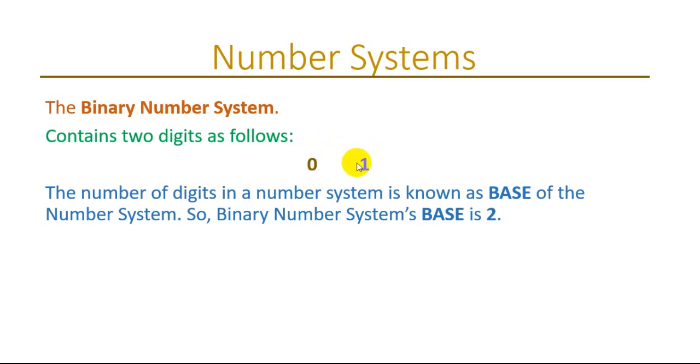There are no other digits available. Therefore, the base of the binary number system is 2. Similar to the decimal number system, you have 10 digits, 0, 1, 2, 3, 4, 5, 6, 7, 8 and 9, including 0. Therefore, the base of decimal is 10, whereas the binary number system has only two digits, so its base is 2.